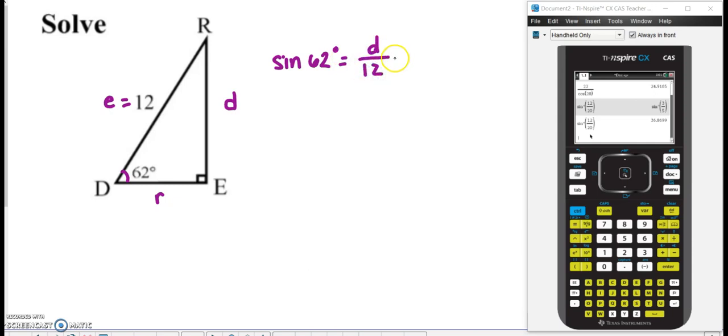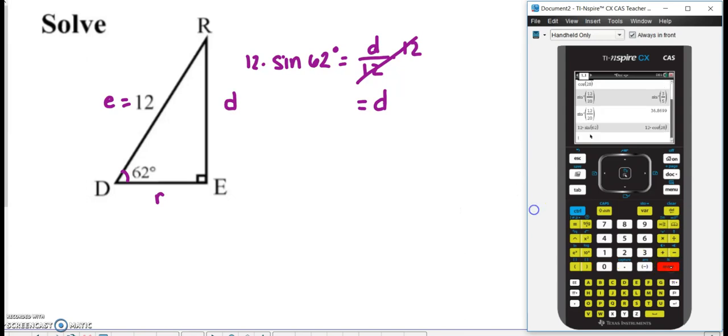And in this case, since the variable is up in the numerator, all I need to do is multiply both sides by 12. So 12 times the sine of 62. And D is approximately 10.6, we'll say.